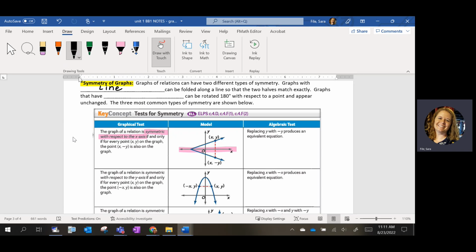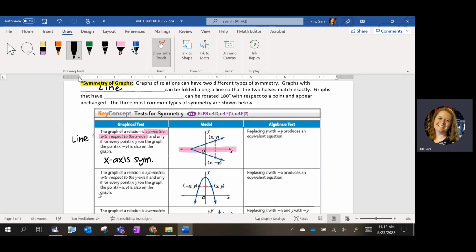Again, that's a type of line symmetry. I'm just going to put that in the margin there. You don't always have to write out symmetric about the x-axis or symmetric with respect to the x-axis. I'll just accept x-axis symmetry.